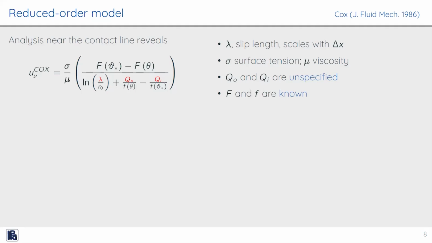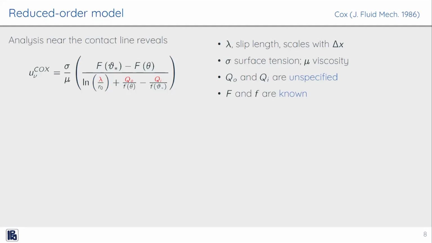This is the form. It has 3 unspecified parameters, lambda, Q0, Qi, which we can fit to our data. And it is basically a complex function of theta star, which has to do with the heterogeneities on the surface, and theta, which is the actual contact angle of the droplet. This model calculates the velocity normal to the contact line.